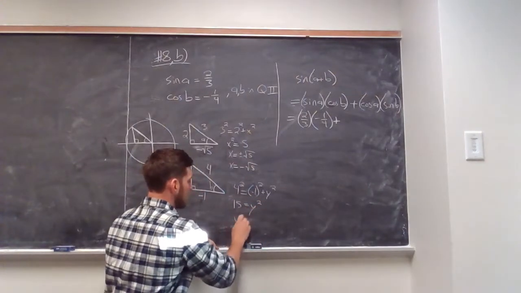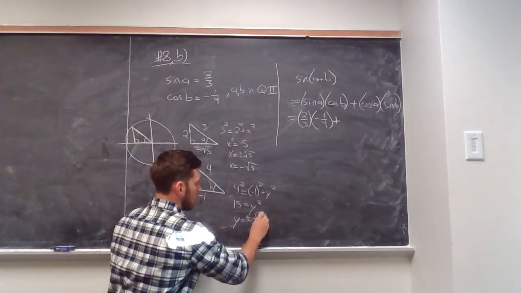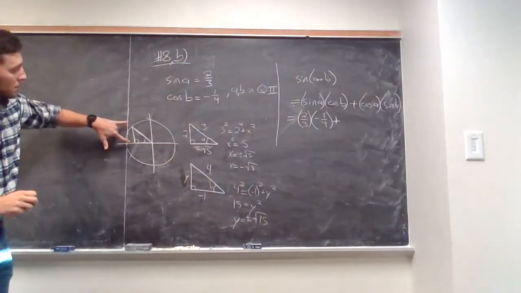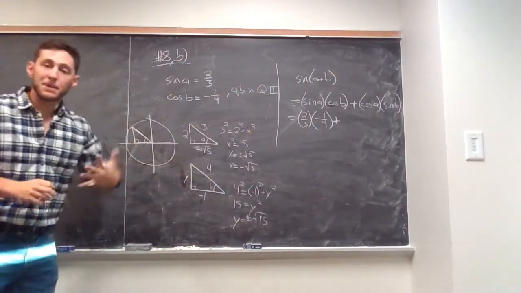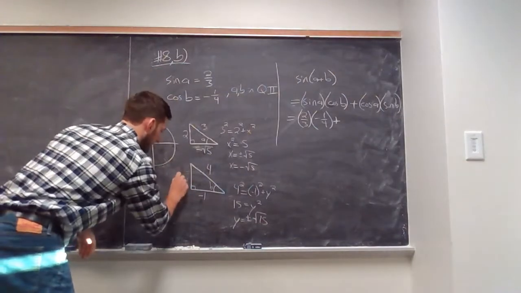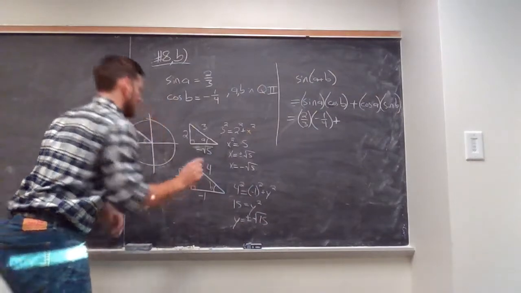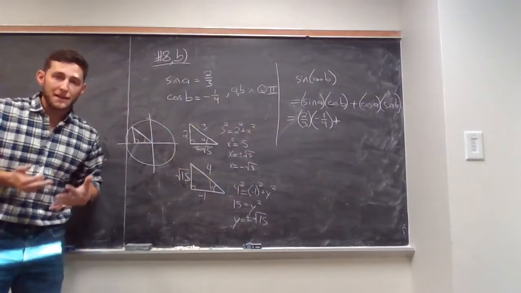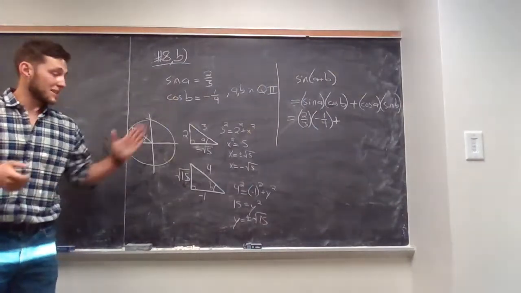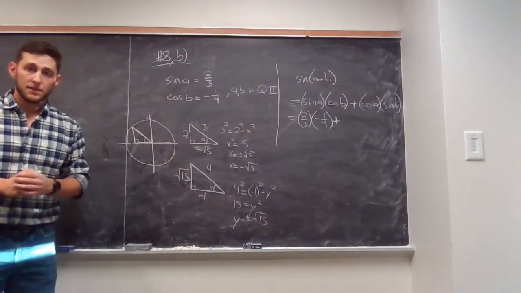So y equals plus or minus the square root of 15. Now, since we're in quadrant 2, a y-coordinate better be positive. So we end up with positive square root of 15. Now, go over that part of the video again because it definitely is not as straightforward as it seems to be when we just talk about it.